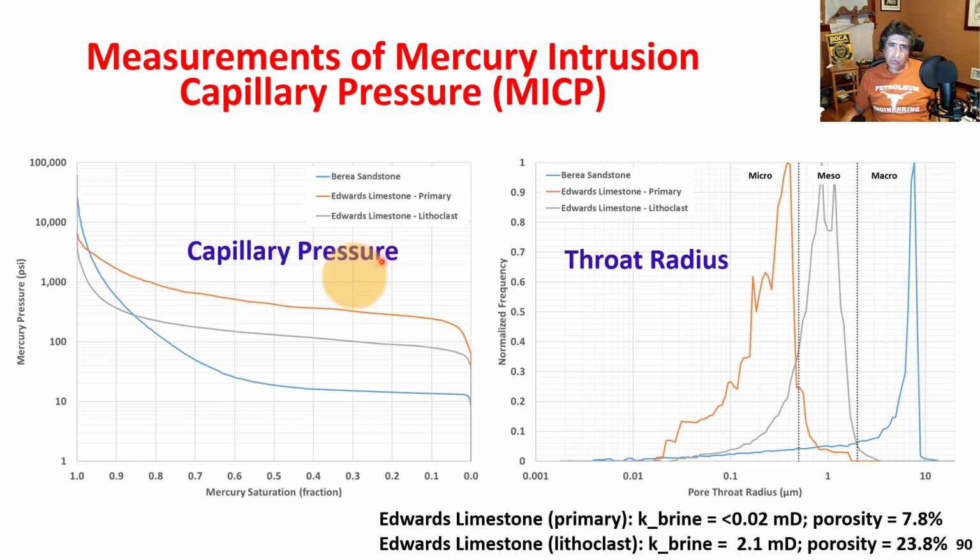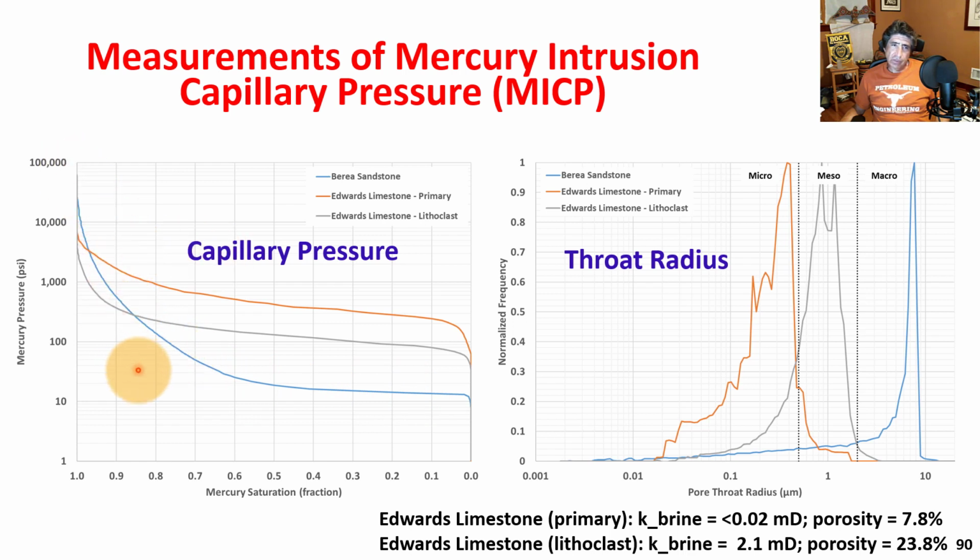One is a section that has good porosity, good permeability, the gray one here, which has the best porosity and permeability of the Edwards limestone, and the red one here, or orange, is the one that corresponds to the section of the Edwards limestone that has the poorer connectivity and porosity and permeability. And lastly, the one that you see here in light blue corresponds to the Berea sandstone.